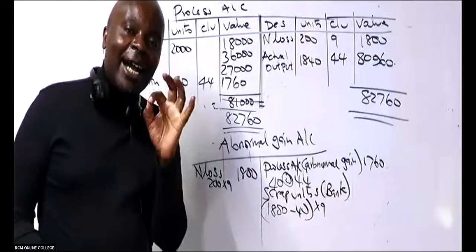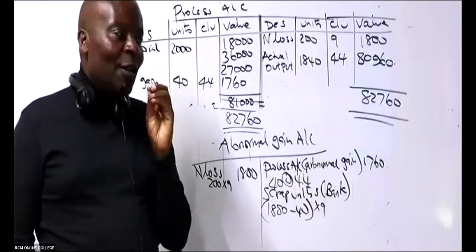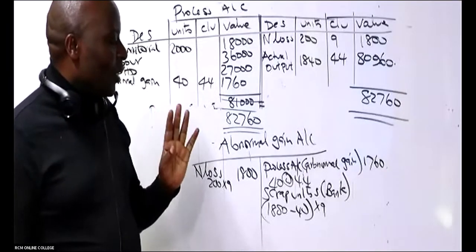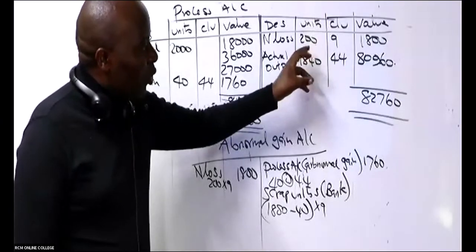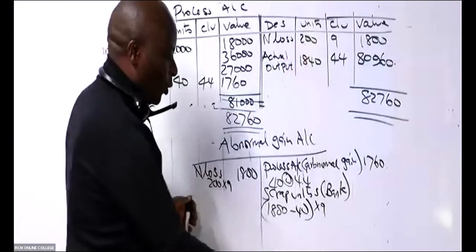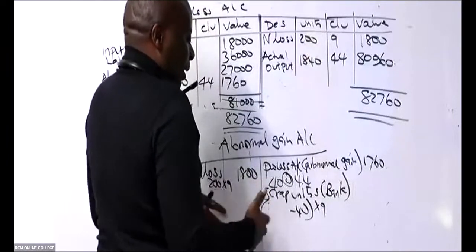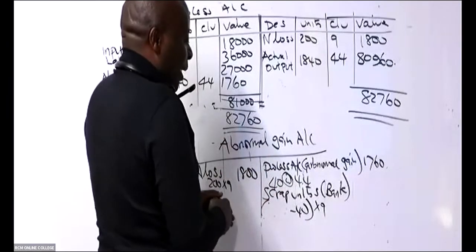Because you see, as process costing experts, we expected the loss to be 200 units. Sorry for that, I was picking the value. We never expected this, but a good accident happened and we saved.